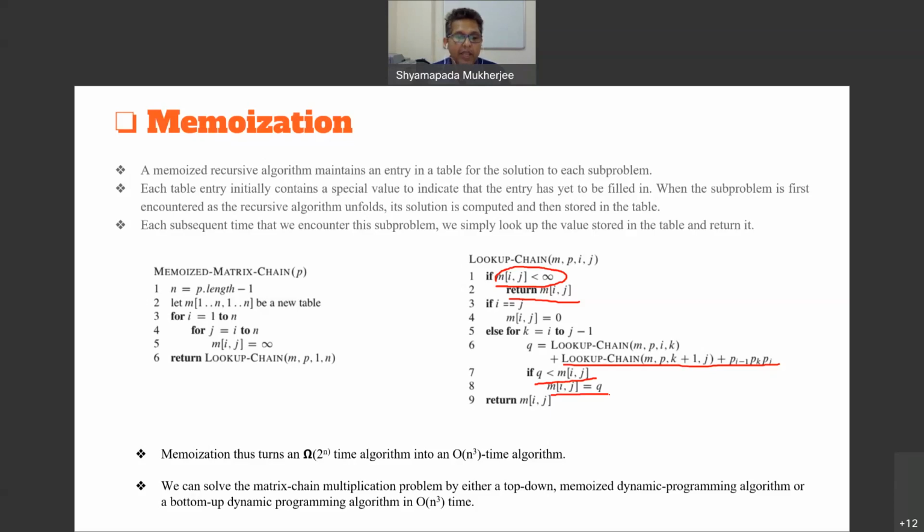This memoization reduces the omega of 2 to the power n algorithm to an order of n cube algorithm. So both approaches, bottom-up dynamic programming and top-down memoization, show the same time complexity, order of n cube.